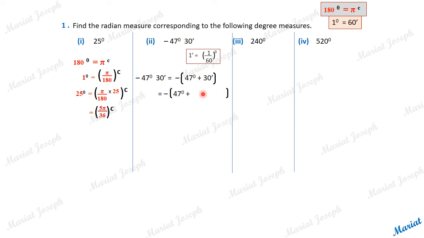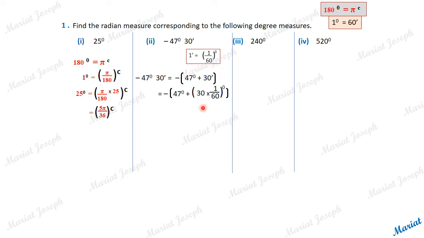47 degree keep as it is. Convert this 30 minutes into degree. Only then we can convert it into radian measure. So 30 minutes will be 30 into 1 upon 60 degree, because 1 minute is 1/60th of a degree.